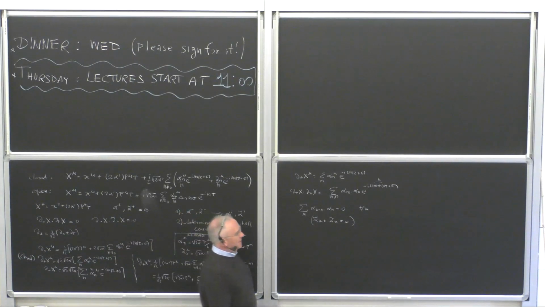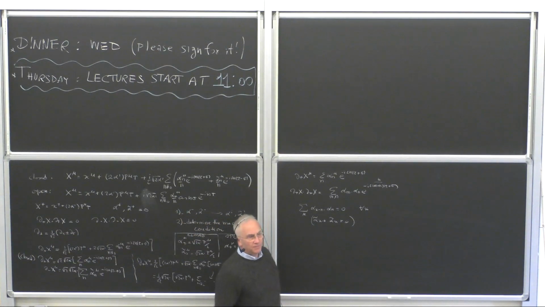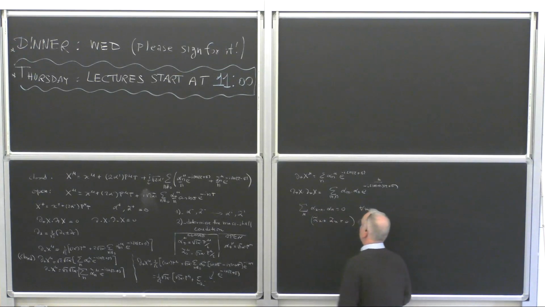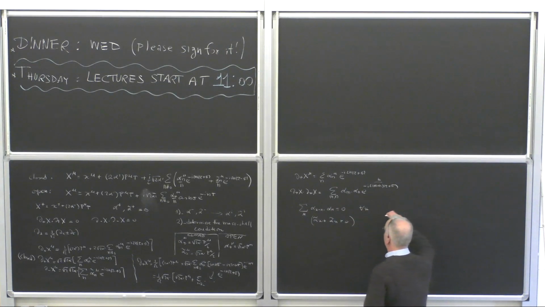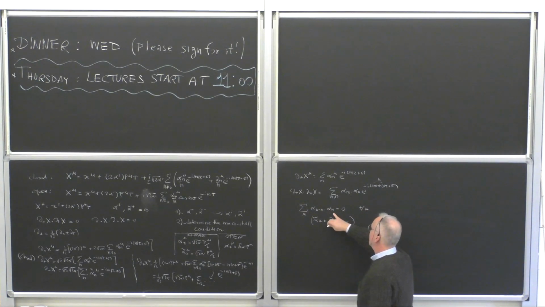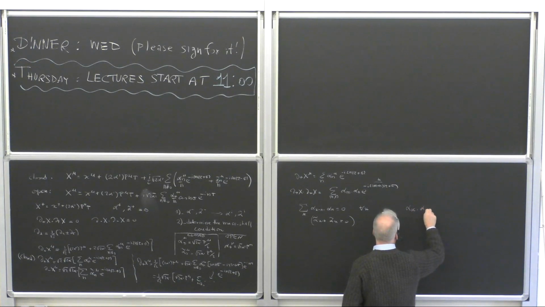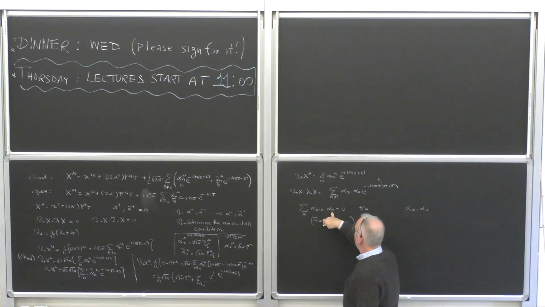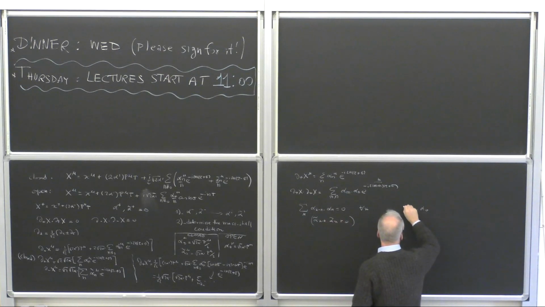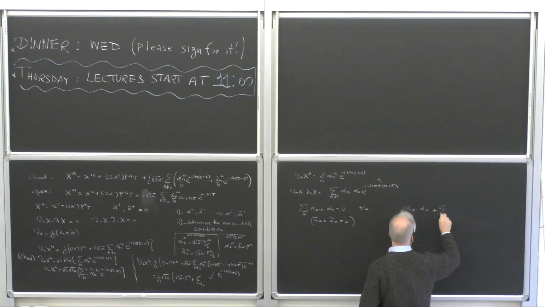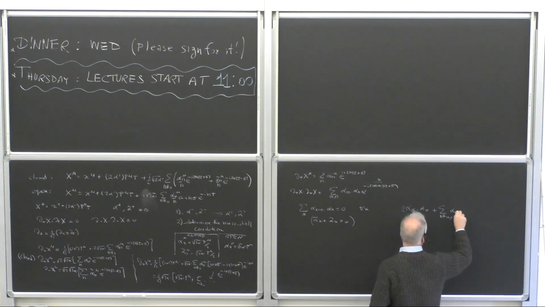Now let's consider this term for k different from 0. If k is different from 0, then you have two terms that contain a 0 mode. So there will be alpha k dot alpha 0, and then when the other index is equal to k, so you get it twice. And then you get the sum over n different from k and 0, alpha k minus n dot alpha n.